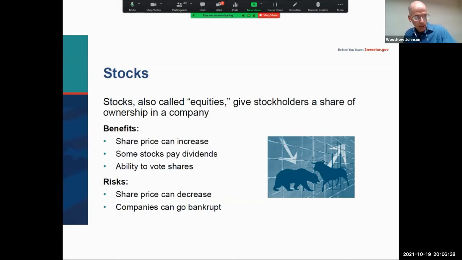There's still excess liability for the neighboring property that got damaged. Can the neighbors come after you, a stockholder, a part owner, and demand money from you? The answer is no. We have what's called limited liability. So when you buy a share of stock for $15, the most you can lose is $15. That's your worst case scenario. You can't lose more than that, which is great news as an investor.